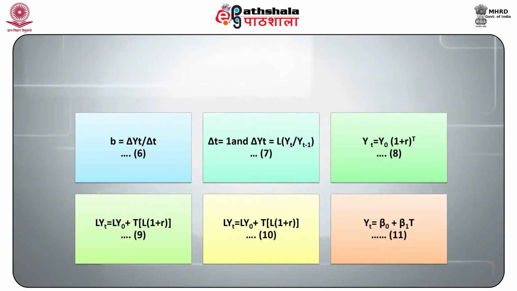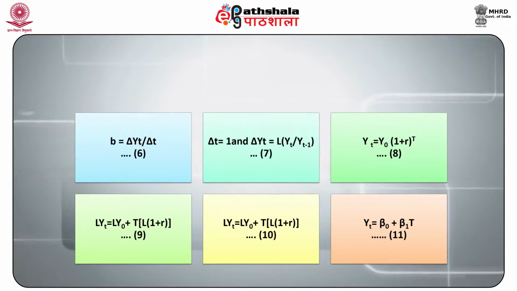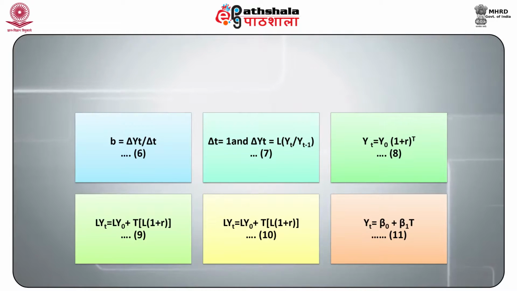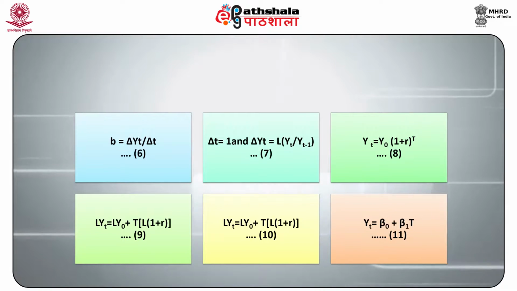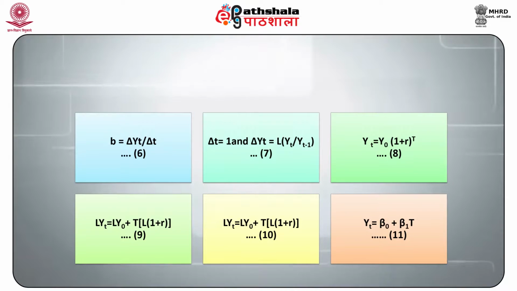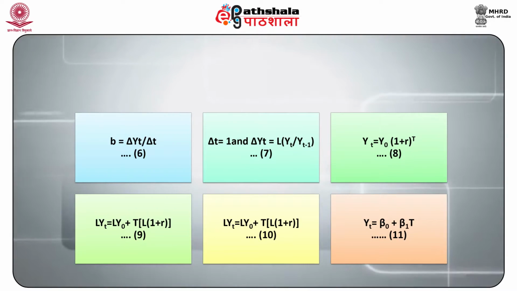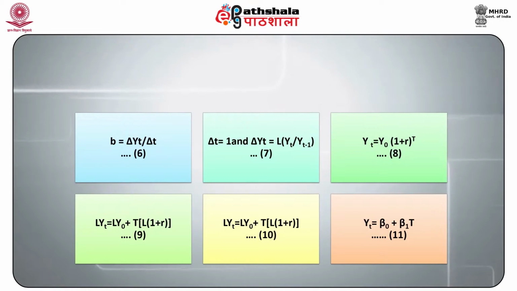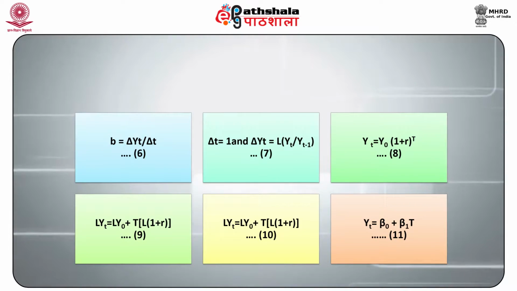Now this could be expressed as yt is equal to y0 into 1 plus r to the power of t. R is the rate of growth, and this is comparable to a compound interest formula, and hence taking log of both sides, this would mean that log yt is equal to log of y0 plus t log 1 plus r.